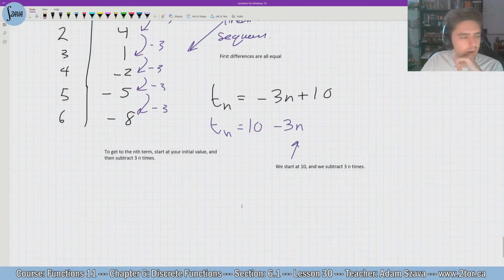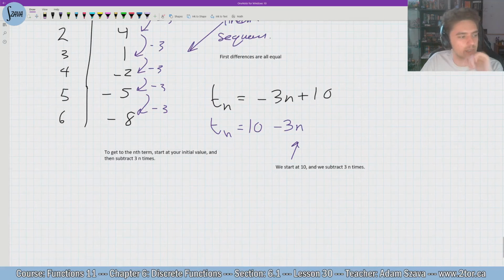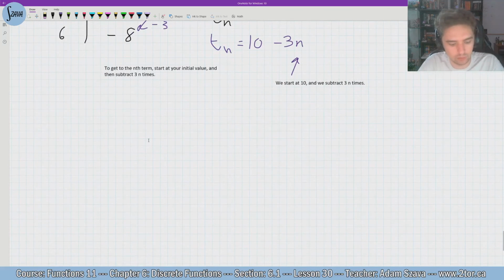That is our first lesson on discrete functions. It talks about sequences. Let's do a little review here. We started with reviewing what a sequence is. We talked about the notation, and how there can be rules to sequences.